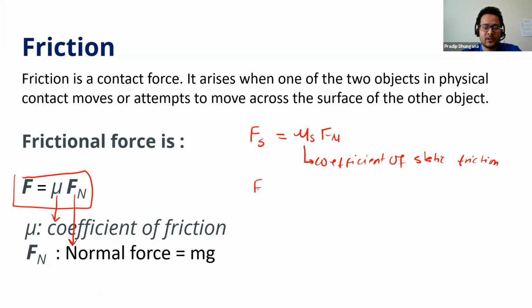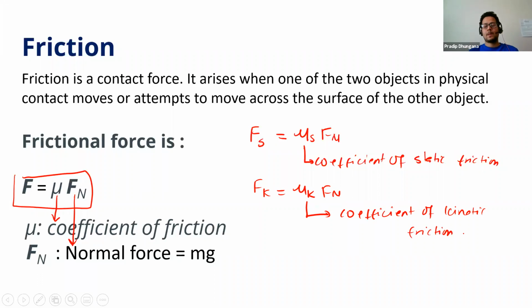If the object is moving, the frictional force at that time is kinetic frictional force, F_k, equal to mu_k times F_n, where mu_k is the coefficient of kinetic friction. But if you remember the first equation, frictional force is mu times F_n, you will be fine.